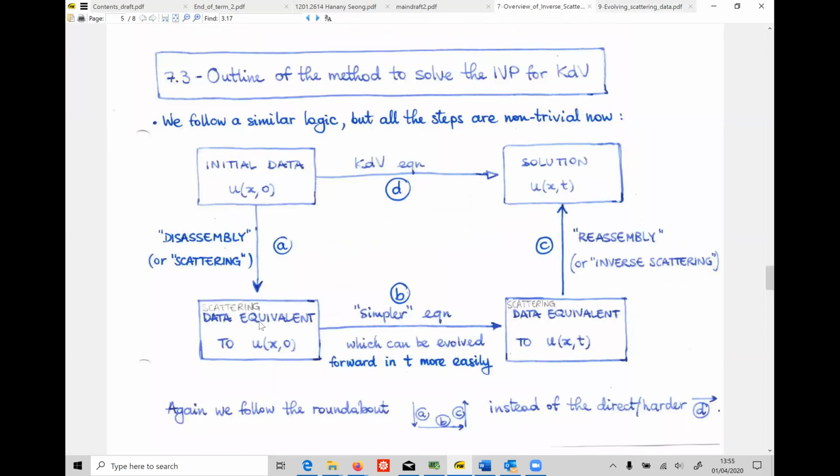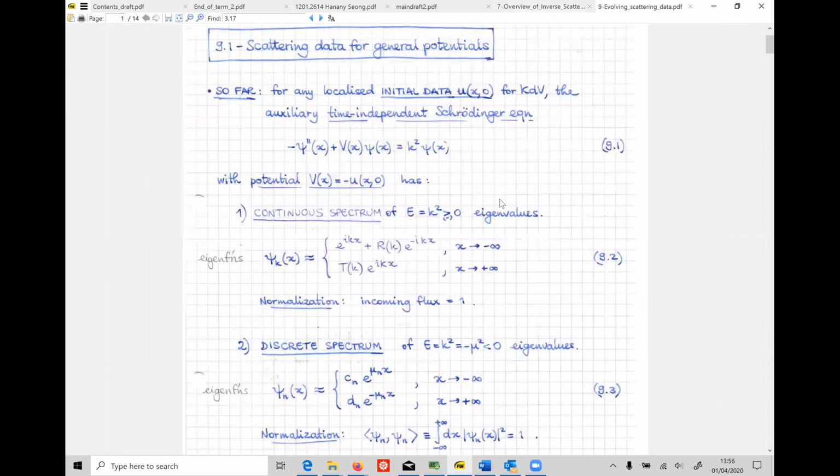Next we saw that thanks to this idea of the Lax pair and the Lax equation, it was much easier to evolve forward in time the scattering data than it was to evolve forward in time the initial data of the KdV equation, essentially for two reasons. The first reason was that the Lax equation implied that the eigenvalues of the Schrödinger equation, say mu_n and k, do not change with time.